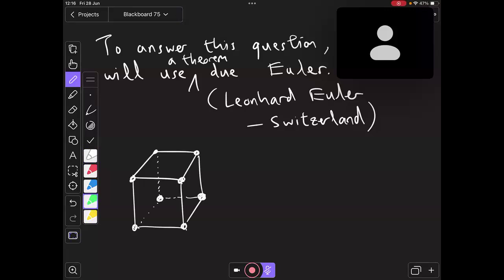So let's just notice that we have these things. These are vertices. That's a vertex. We have these parts. That's an edge. Okay. And we have these parts here. That's a face. You understand the different pieces?